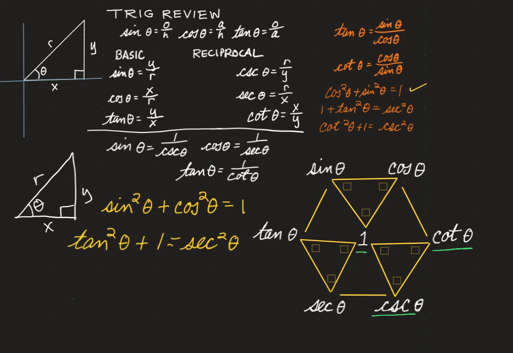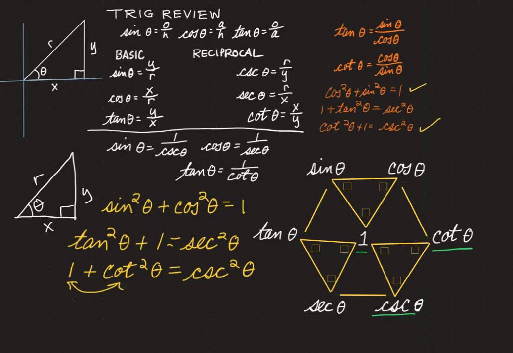If we take the sum of the values on the top, 1 plus, well, 1 squared is 1, and then we have the cotangent squared of theta. Does that sum equal the cosecant squared of theta? Well, yes, it does, because there it is as an identity. These are just in a different order, and it's addition, so we're fine.